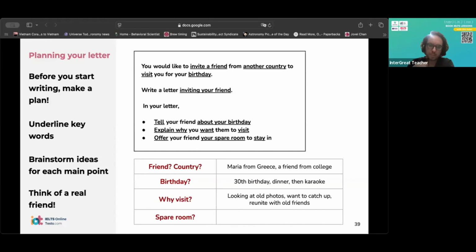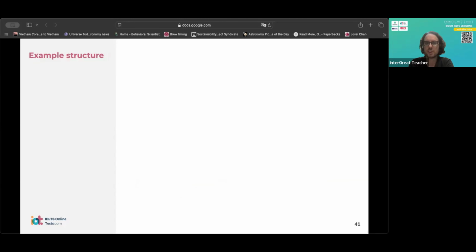Well, this person wants their particular friend to come so they could have a chance to reunite. It sounds like they have not seen each other for a long time. And finally, they mentioned that they have a lot of space in their apartment. So in fact, you don't need to worry about booking anything, spending money. In fact, they could pick them up from the airport as well. Very convenient.